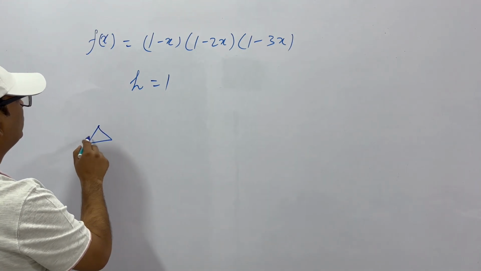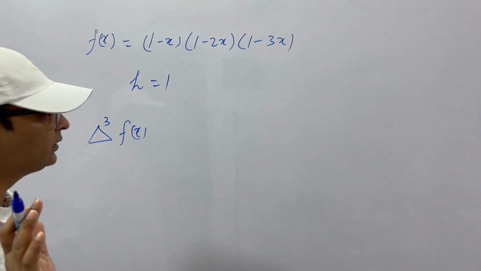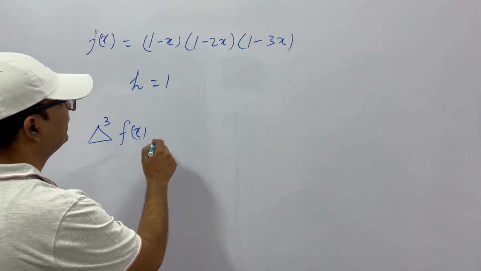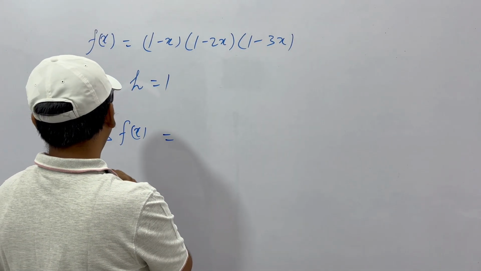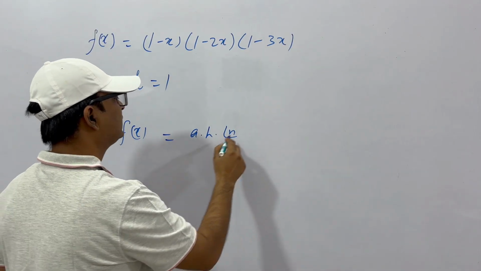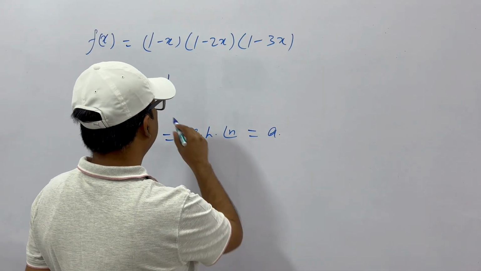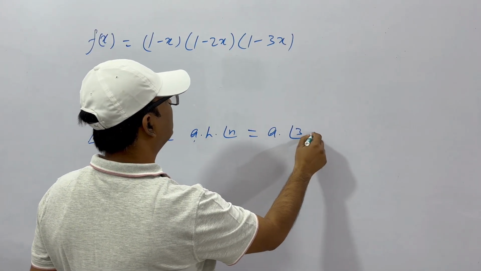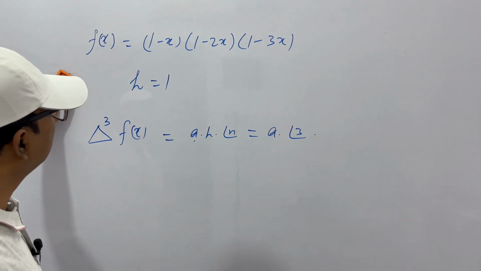So let's find what is del 3 f(x). It has to be a constant. We know this. How can we find? In the last slide only, I had told you this is a into h into factorial n. So in this case, we'll see what a is. So a into h is 1 and factorial 3. So let's find what is a and we'll get the answer.